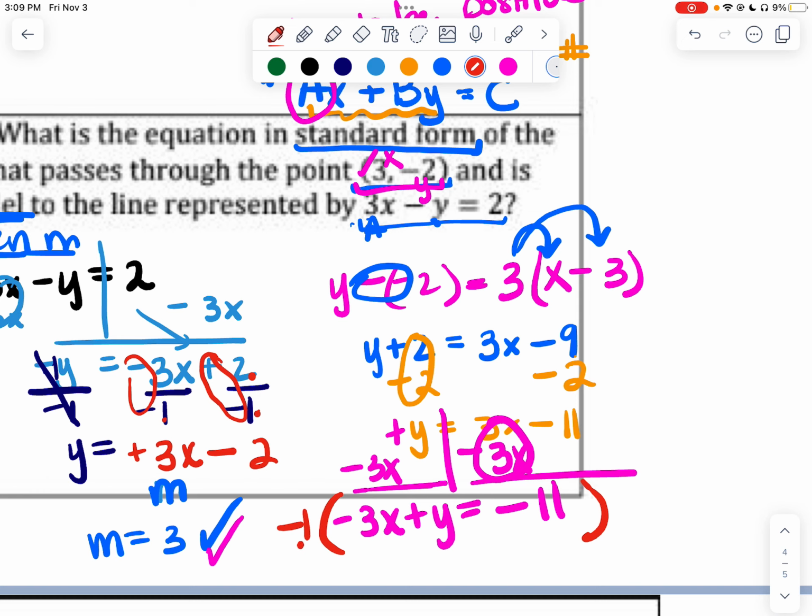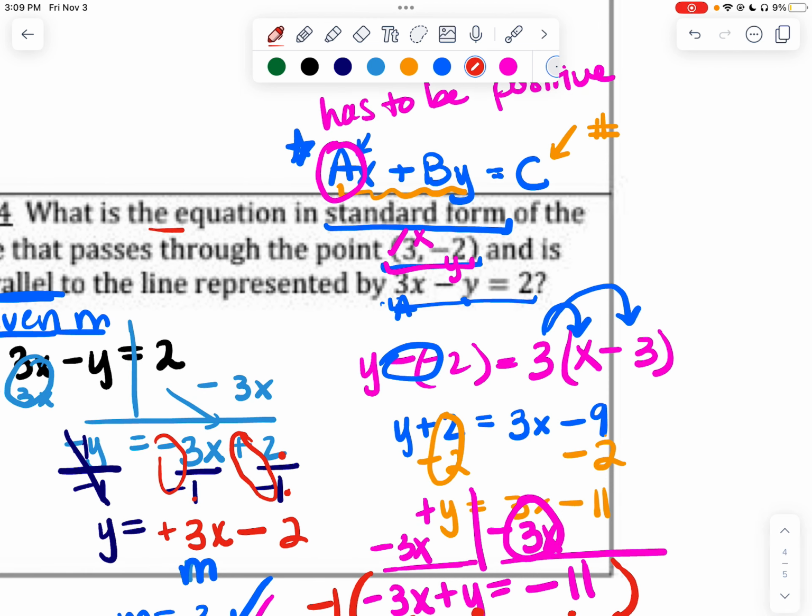So negative 1 times negative 3, positive 3x. Negative 1 times y gives me negative y. And negative 1 times negative 11, positive 11.